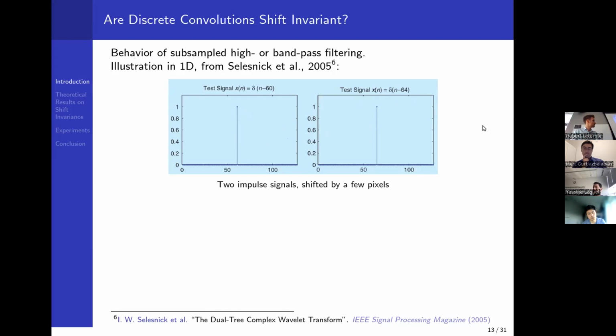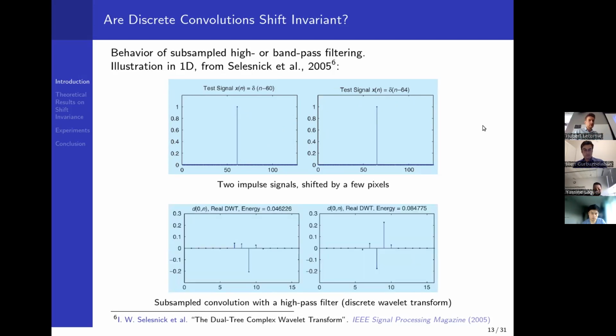Then we perform a subsampled convolution with a high-pass filter. In this case, it's a discrete wavelet transform, but never mind. And then we get two different interference patterns. As you can see, despite the input signals being very similar, the output signals are very different. This wouldn't happen if the signal wasn't subsampled, so this is really a property of subsampled convolutions.